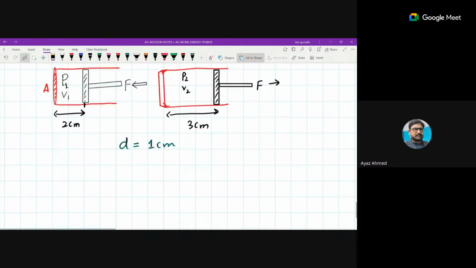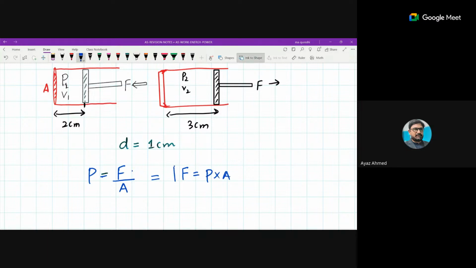So what is the pressure of the gas? Pressure of the gas is equal to F divided by A. What is pressure? Pressure is equal to F divided by A. And here force will be equal to pressure times area, right?